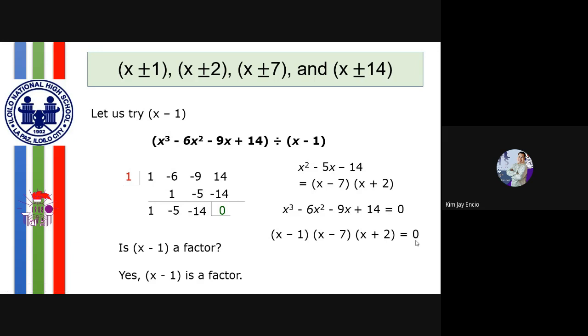Equating each linear binomial divisor to 0, the roots are x sub 1 equals 1, x sub 2 equals 7, and x sub 3 equals negative 2. All right? So you could see that this time, whether we like it or not, we really have to do some sort of trial and error.